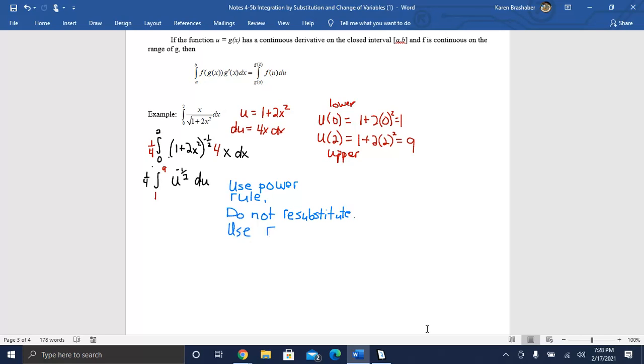I'll just abbreviate that, fundamental theorem of calculus.